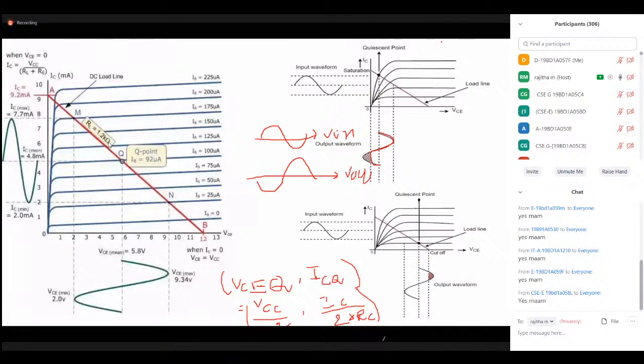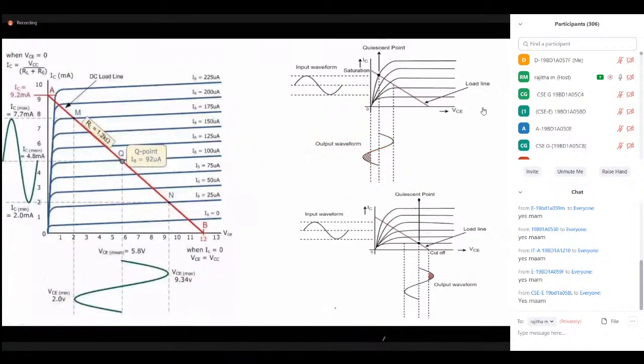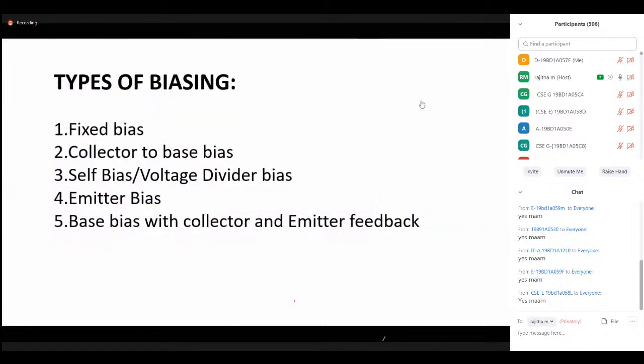Yes. Now, I'll move to the next slide. So this is the importance, or the need, of biasing. Next, we will move to the types of biasing.